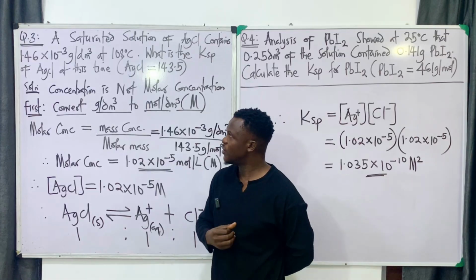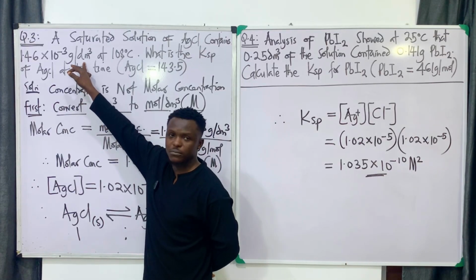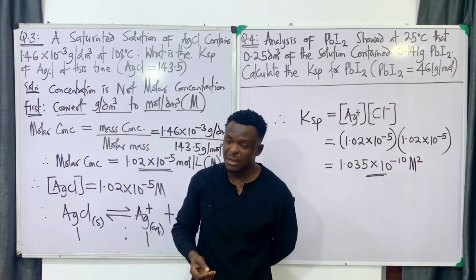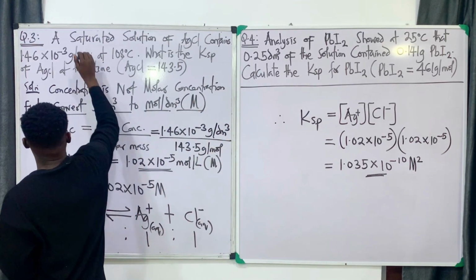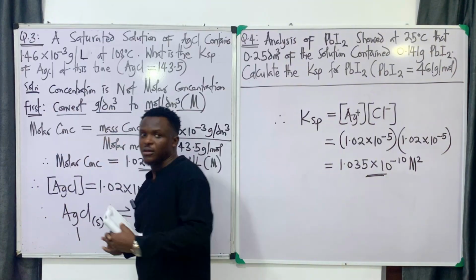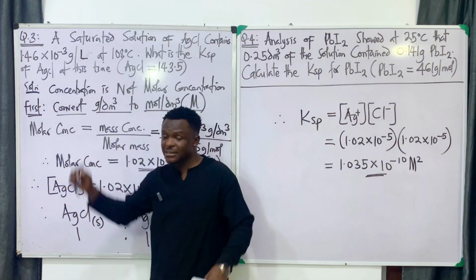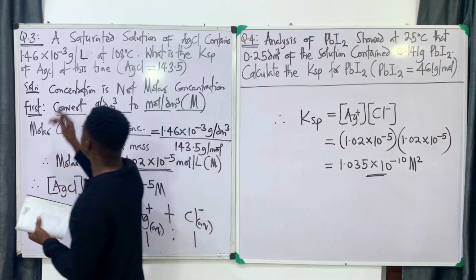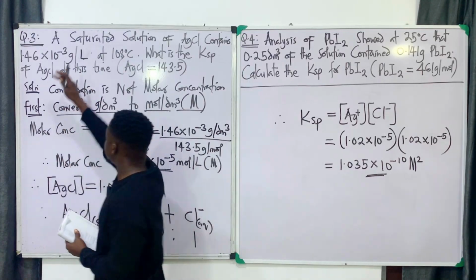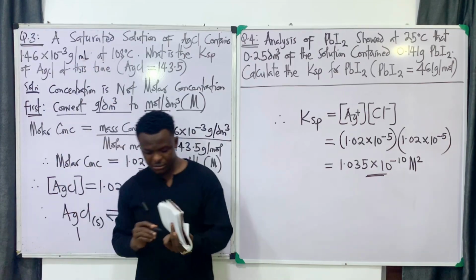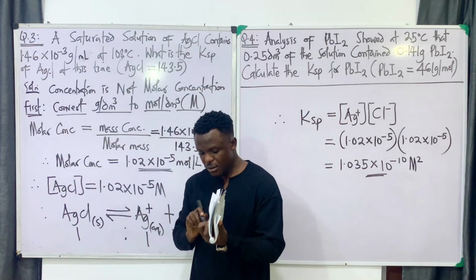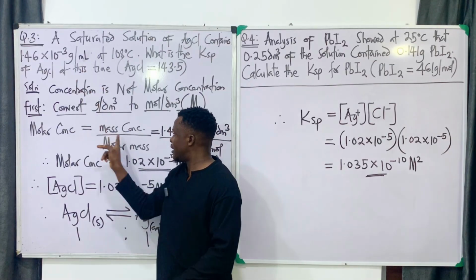Now, what if they had given us the volume in milliliters? Class, remember, here being dm cube is equivalent to here being liters. Imagine they now say here is milliliters, just assuming. Class, you cannot use this value in this formula.